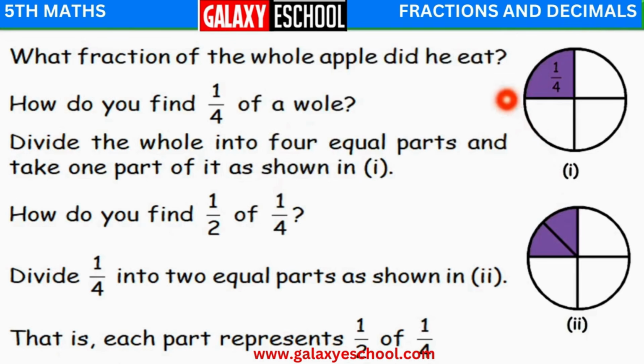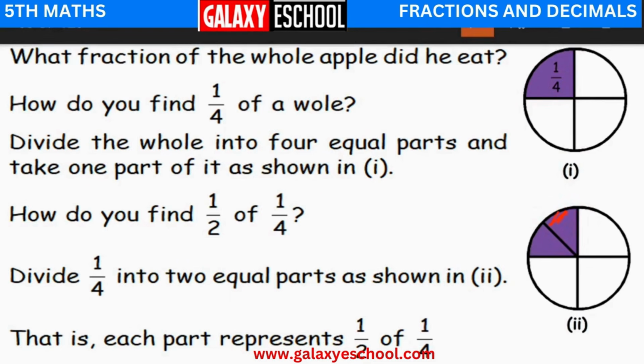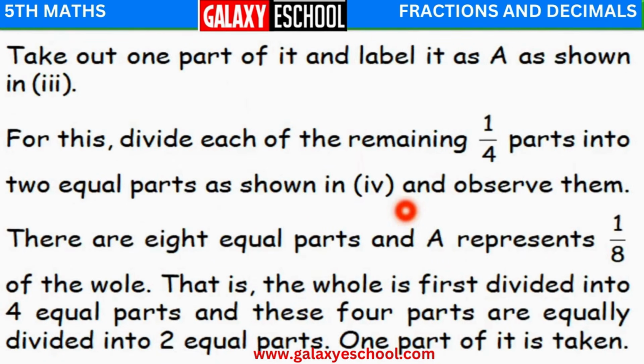Anil had 1 by 4 and from this 1 by 4 he ate only 1 by 2. That means he ate only this part of the apple. Now how much is this part in fractions? That we should find out. It is 1 by 2 of 1 by 4.